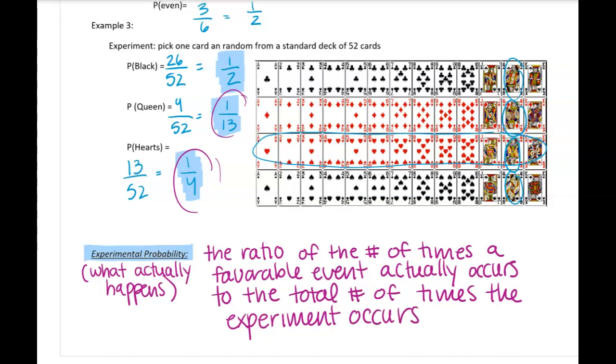So let's say we're looking at the probability of getting a black card. Let's say you draw a card 5 times. You should get a black card half the time, but what actually happens? That's what we're talking about with experimental probability. So theoretical is what should happen when you look at the odds, and experimental is what actually happens when you perform the experiment.